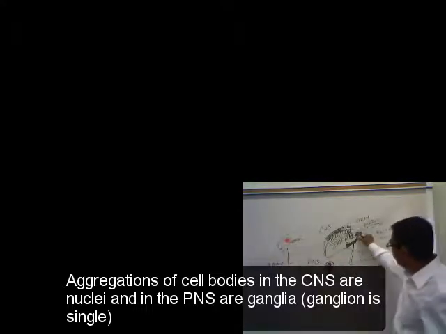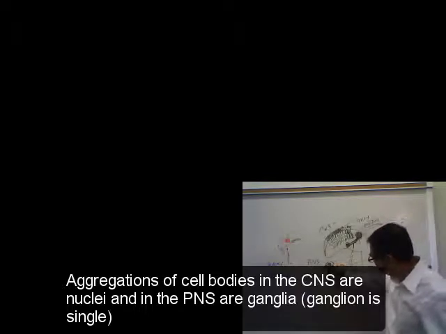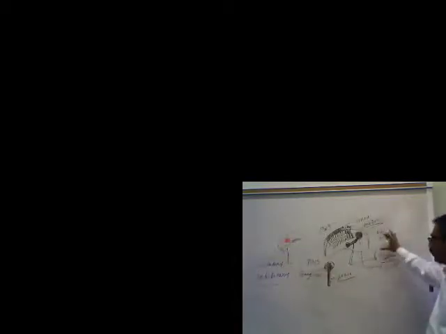In the central nervous system, this is called tract, the bundle of fibers. In the peripheral nervous system, the bundle of fibers forms the nerve. So nerve and ganglion are in the peripheral nervous system, nuclei and tracts in the central nervous system. But they are the same. Structurally, they are the same. The only difference is where they are located, in CNS or PNS.